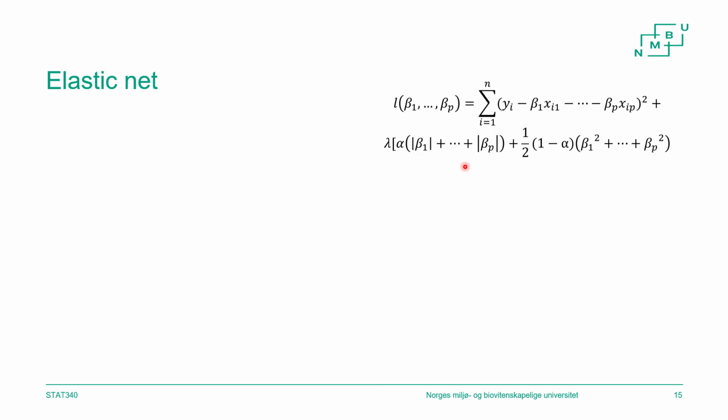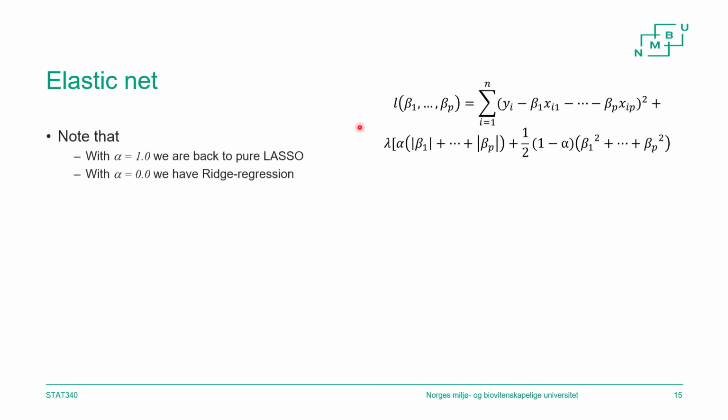And what is the idea here? If you set alpha equal to 1 now, then you can see that this becomes 0. So this extra term here vanishes completely. And then we are back to the original lasso with alpha equals 1 here, right? So in the elastic net, if you set alpha equal 1, it's a pure lasso again.